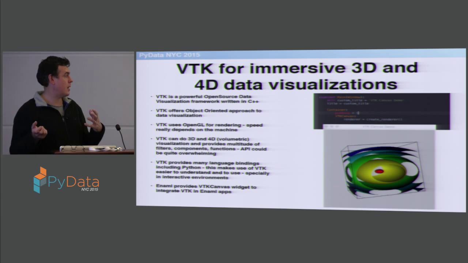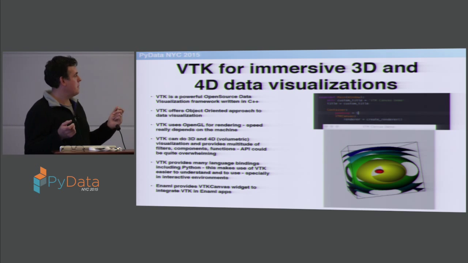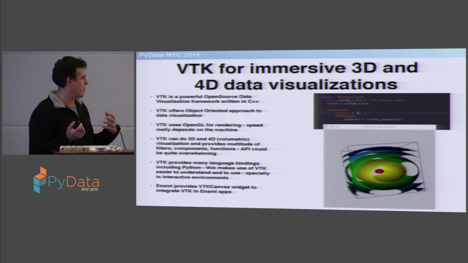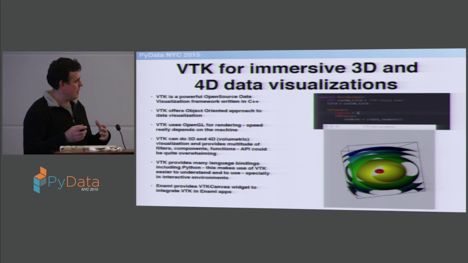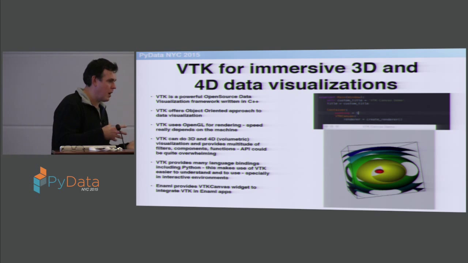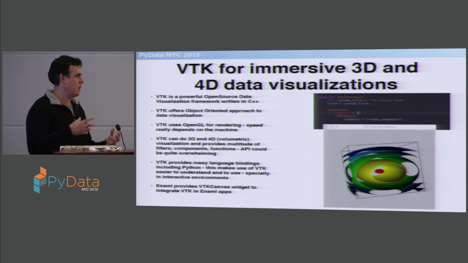The VTK is a C++ engine, but has Python bindings. It has a Java binding, has some other bindings, but because of the bindings with Python, it really makes it easier to actually use VTK than you would with C++, because you can almost interactively do your visualization and change different aspects of it. Unlike in C++, when you have to compile, maybe some bugs, deploy, and stuff like that.